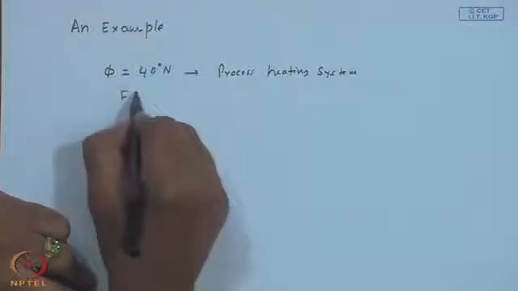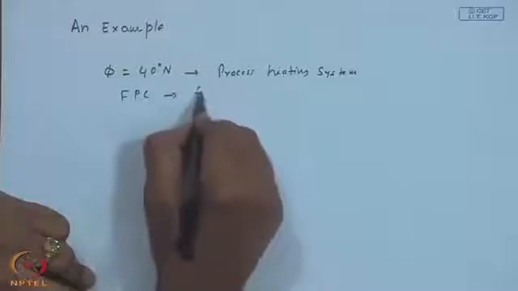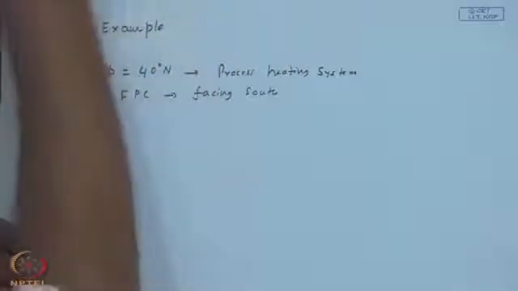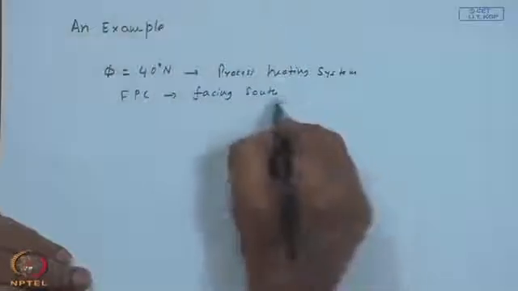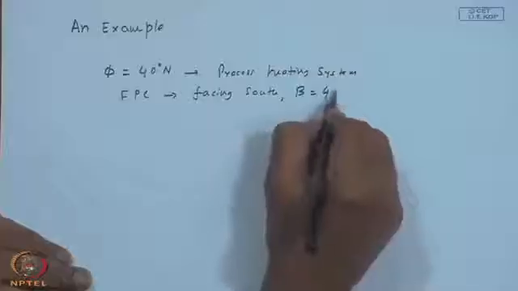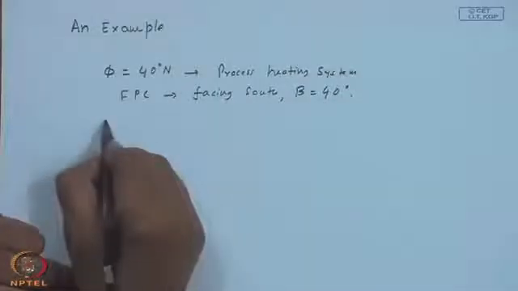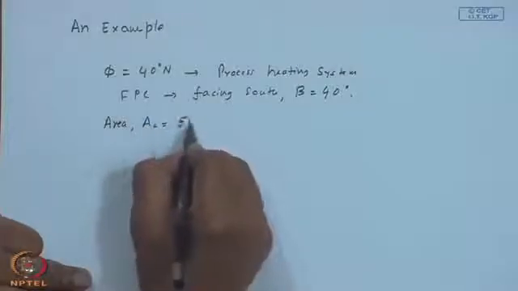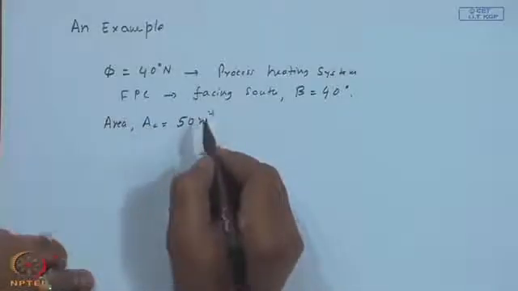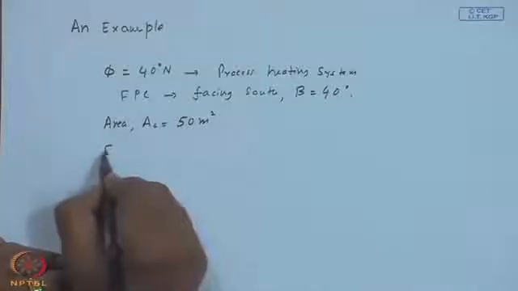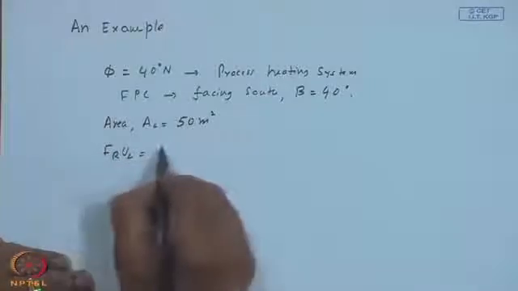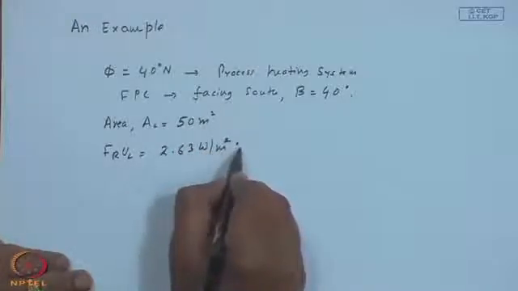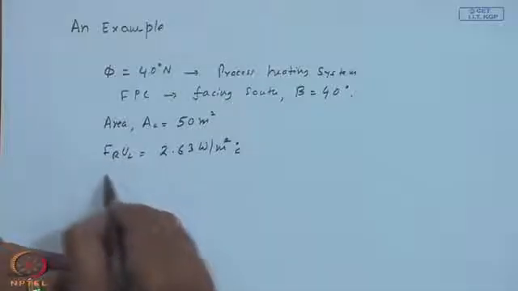and flat plate collectors facing south, and the slope beta is equal to 40 degrees, area A_C equal to 50 meter square, and the collector parameters are F_R U_L is 2.63 watts per meter square degree centigrade, and F_R tau alpha normal.